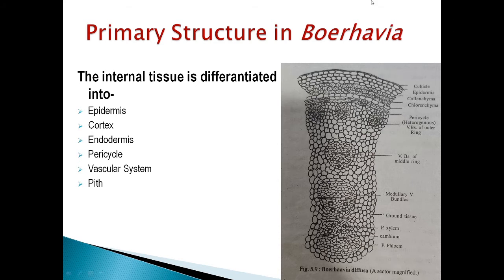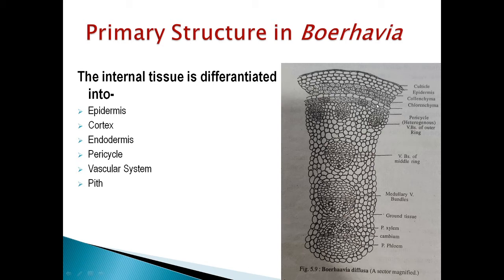These chlorenchyma cells are thin-walled and parenchymatous but contain chloroplasts, so it is known as chlorenchyma. Small intercellular spaces are present between them. It is a photosynthetic zone.